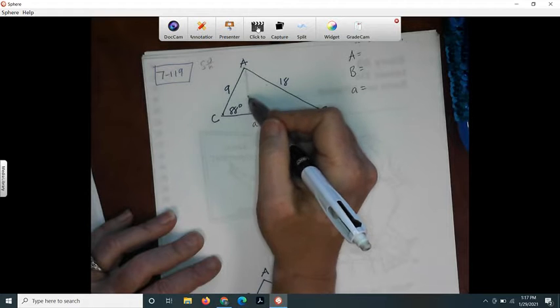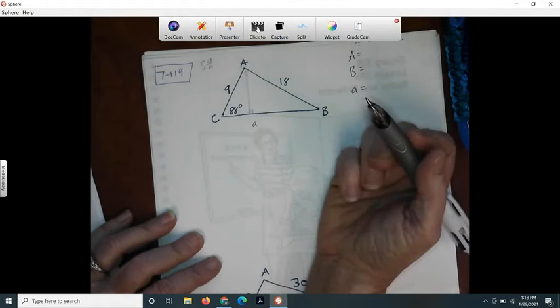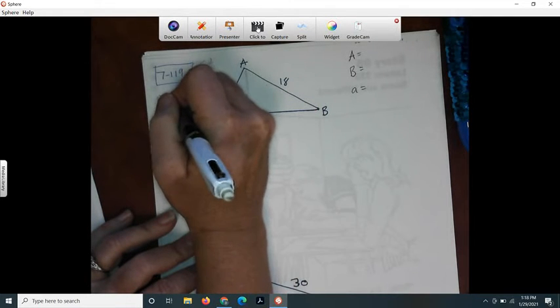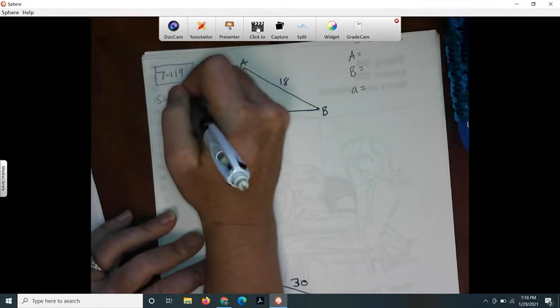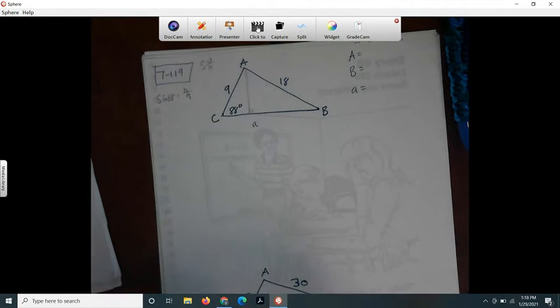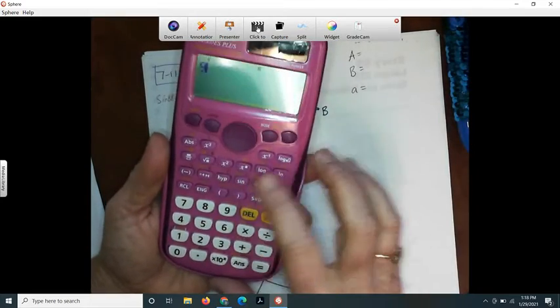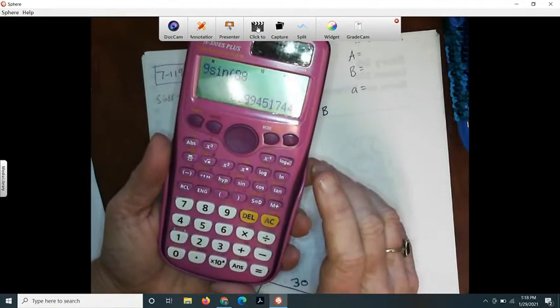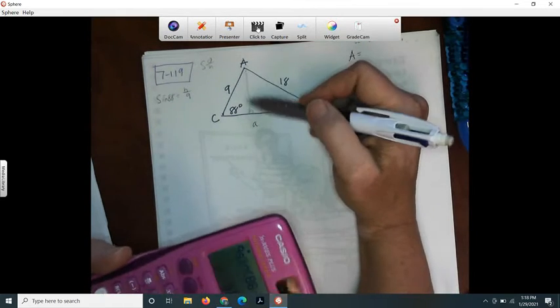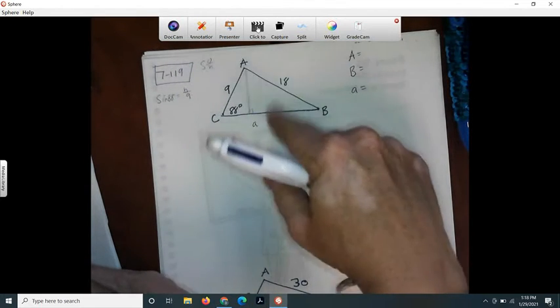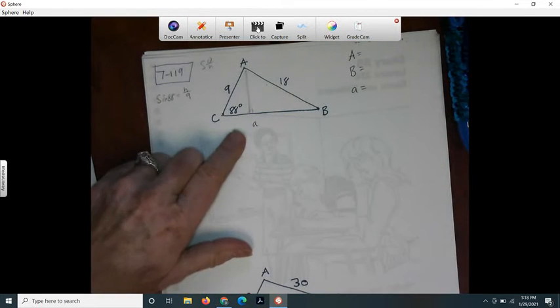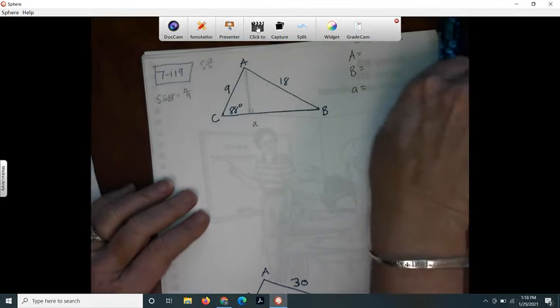Sine of 88 equals opposite over hypotenuse. So that's just 9 sine 88. So this height right here is like 8.9999 or something like that. This thing is so long that if I swing it around, it's not going to make two triangles. There's only one possible triangle, so just use law of sines, the normal way that you always do.